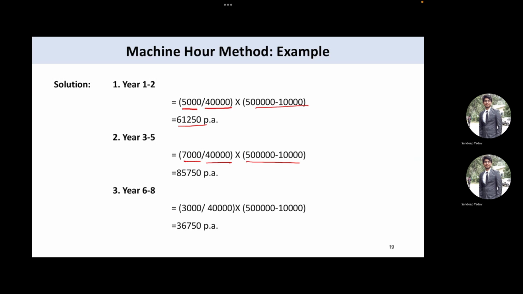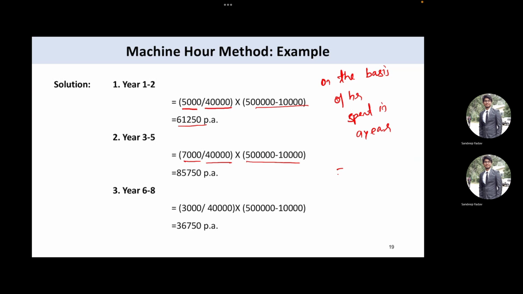In this method, we are calculating on the basis of hours spent in a year.